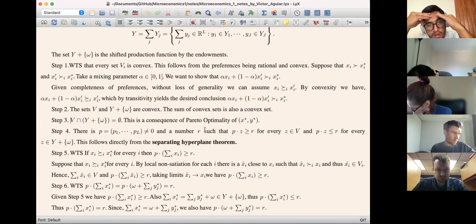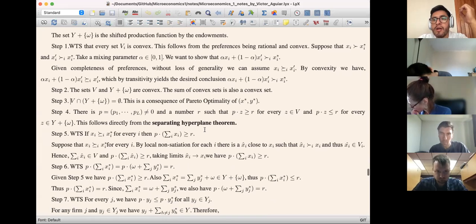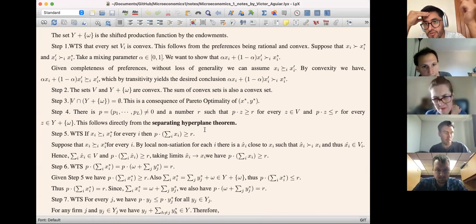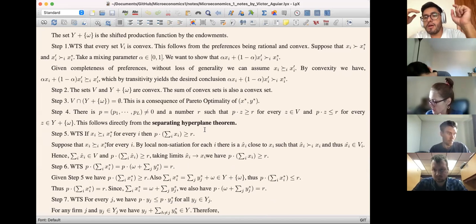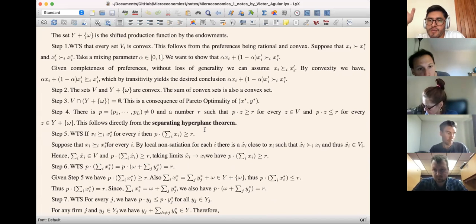Okay. Now comes the harder part, right? Remember that we want to show this is a price quasi equilibrium with transfers. That has 3 conditions. First, firms have to be profit maximizing. Second, consumers have to satisfy a condition that is very similar to consumer minimizing expenditure, right?